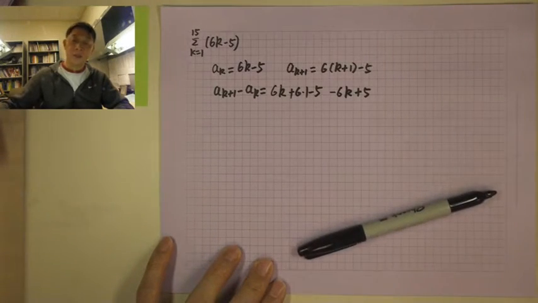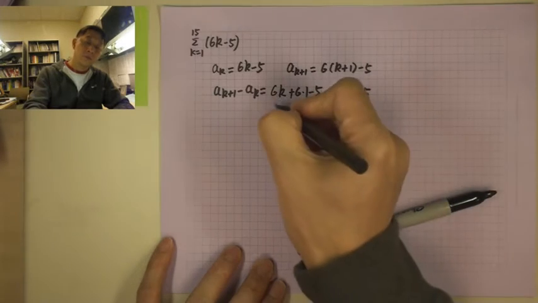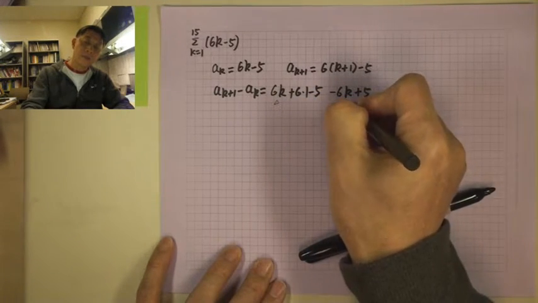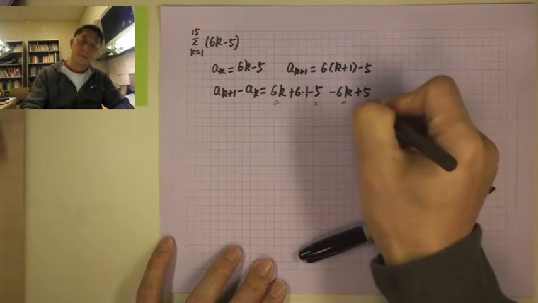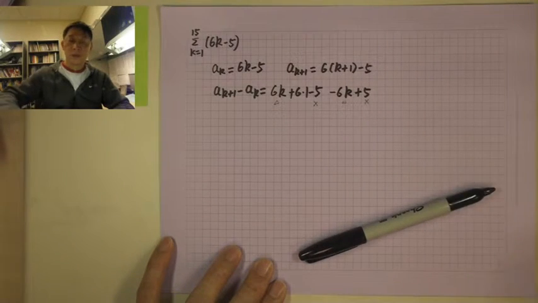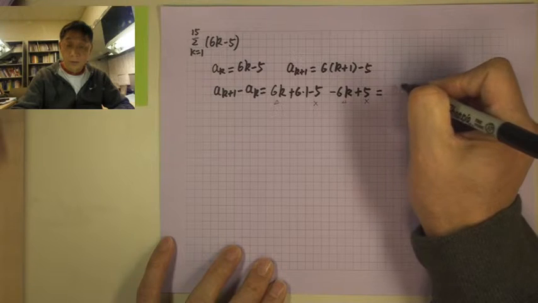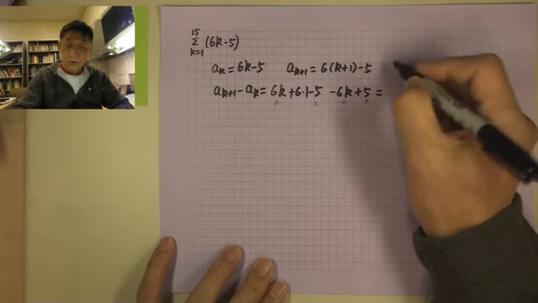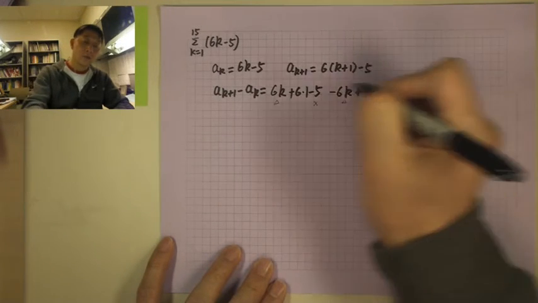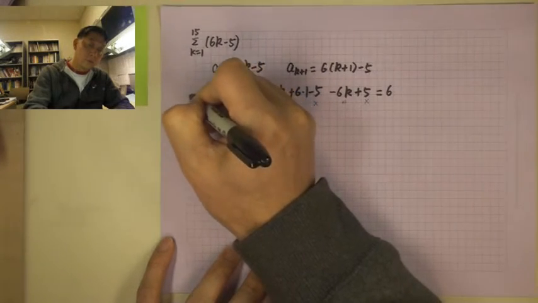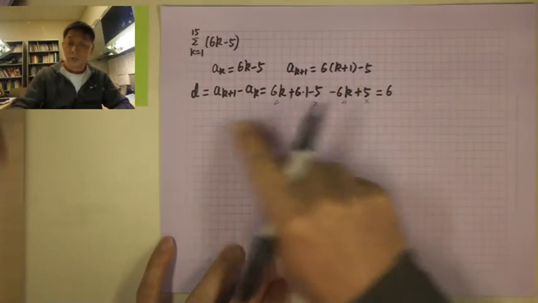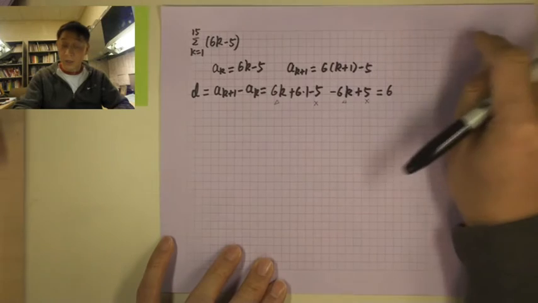Then you can see down here, cancel, cancel. What you get here is what? 6. The difference is actually 6 instead of 5.